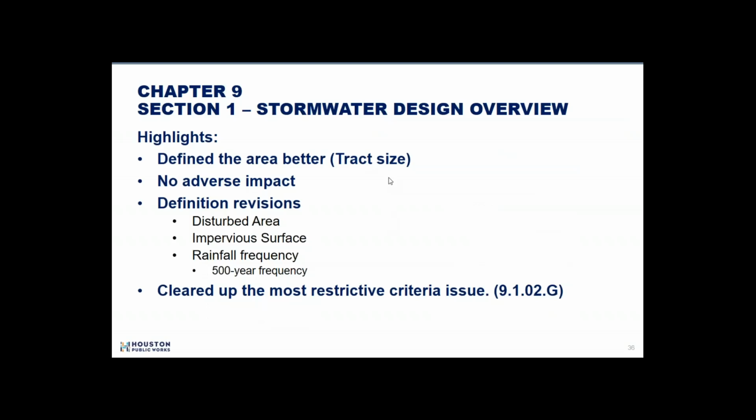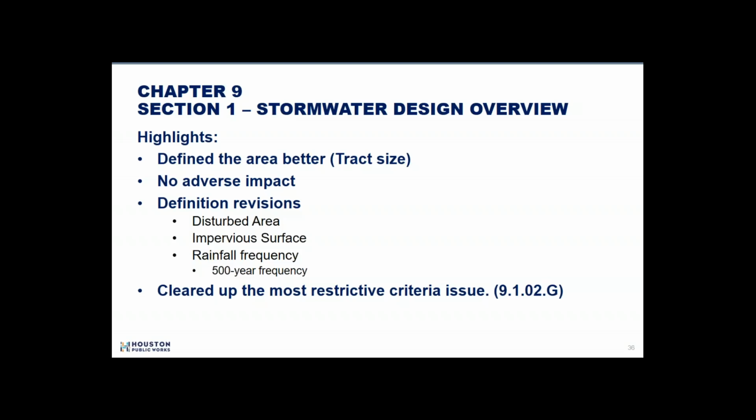So at a relatively high level, these are basically the highlights. At the beginning of the manual, at the beginning of chapter 9, I just want to hit on this real quick, because we only say at the beginning that I'm giving this presentation on chapter 9 and the highlights of the overview of stormwater management, stormwater quality.